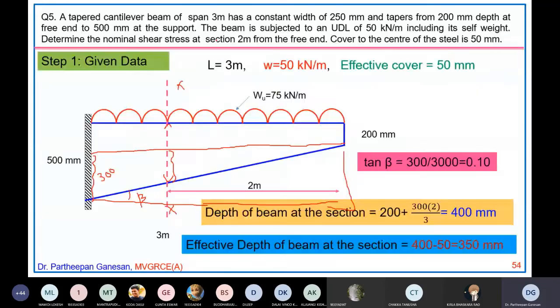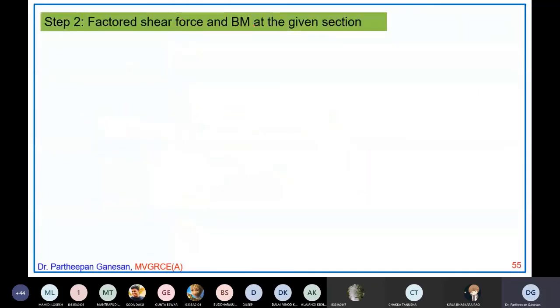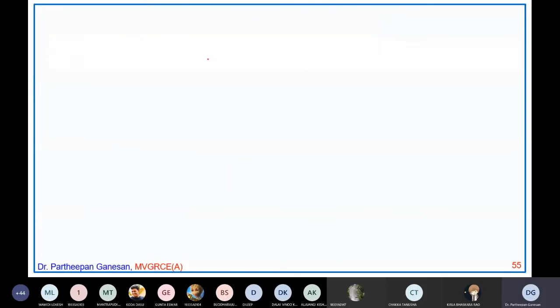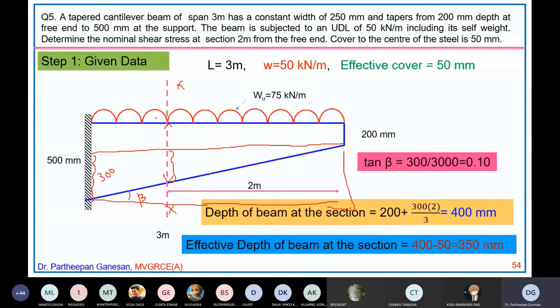Now you have to find out, remember, in the formula, the factored shear force and bending moment. So for a cantilever beam, factored shear force is what? I have to go back here only. At this section, what is the shear force? Shear force, as I taught you in the third semester, is nothing but the sum of all the vertical forces either to the right or the left side of the section.